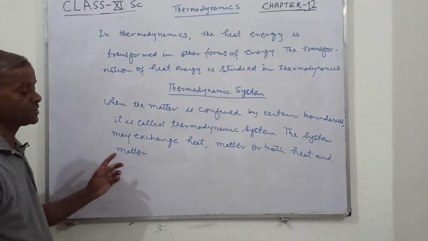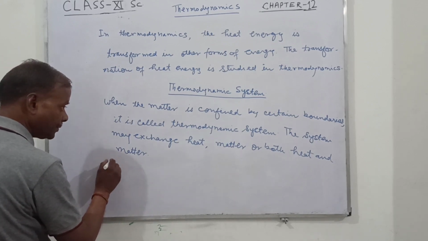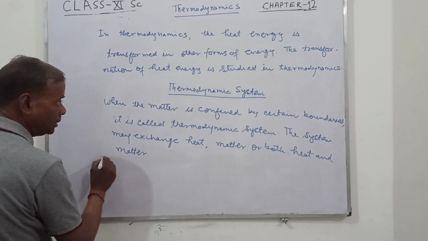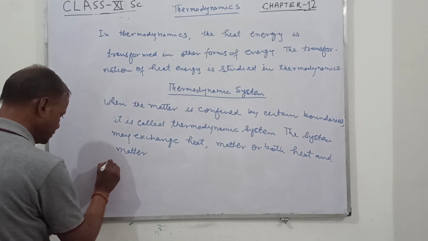So on this basis the systems are of three kinds. Now we will take the surroundings.